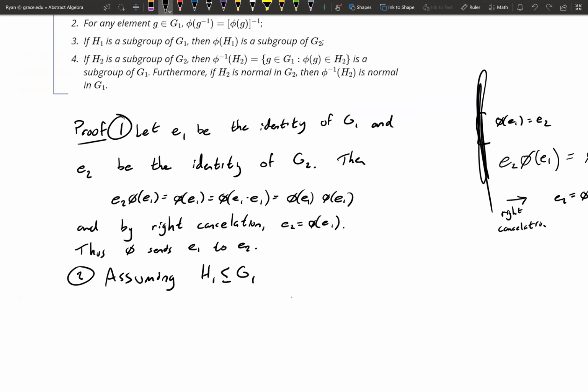And we want to show that phi of H1 is a subgroup of G2. Okay, so when you want to show something is a subgroup, there's two ways to do it, right? From our subgroup section, there's that proposition that says to prove a subgroup, you just have to show it contains the identity, contains the inverse, and is closed under multiplication. You can do it in like 3 parts.